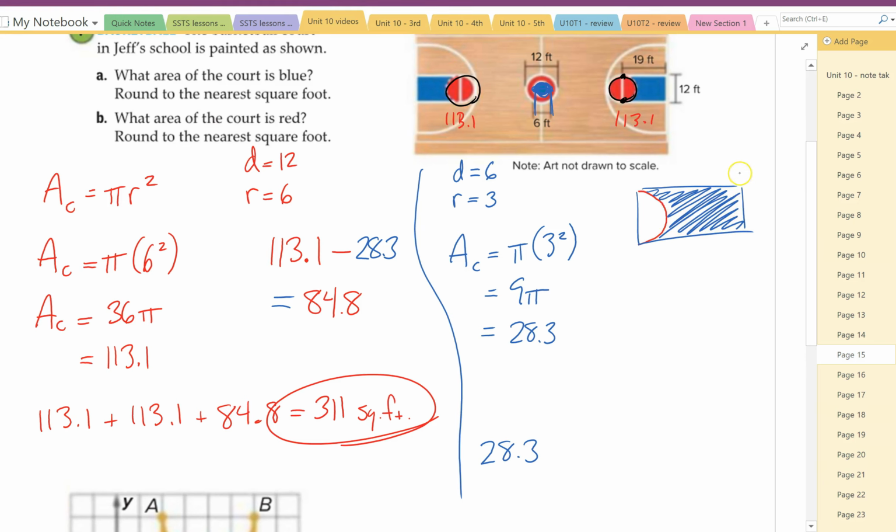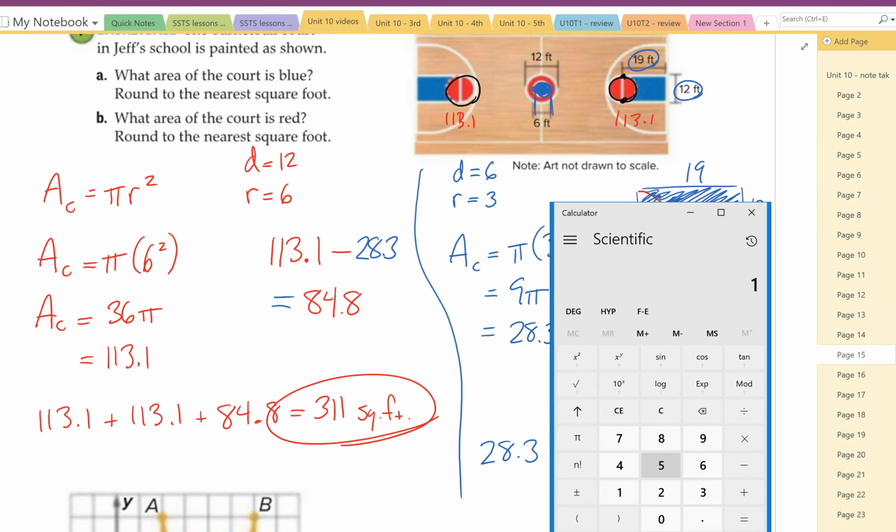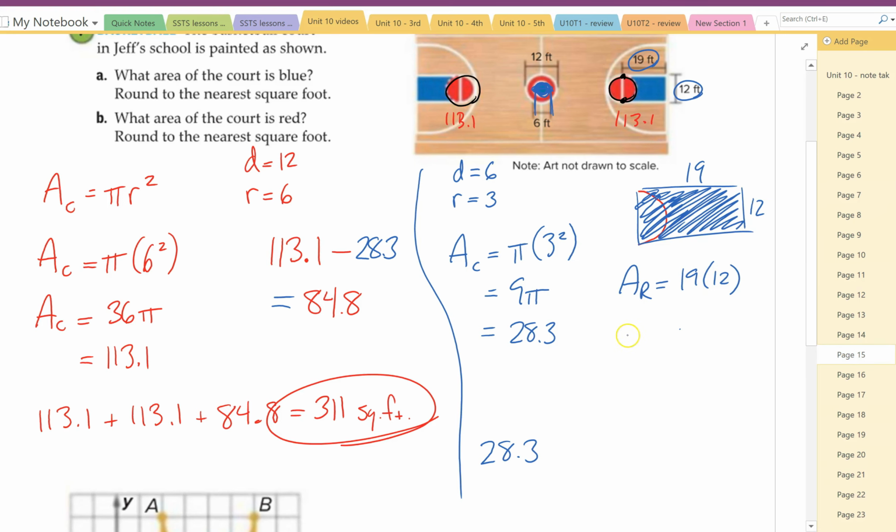So let's figure out what the rectangle would be if this whole thing were blue. Well, this side is 19, this side is 12. So the area of the rectangle would be 19 times 12. So 228.